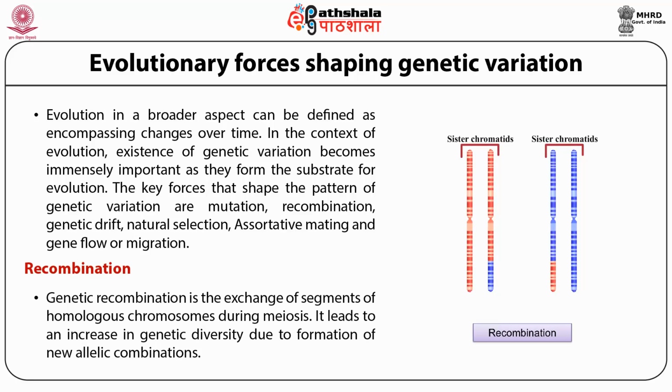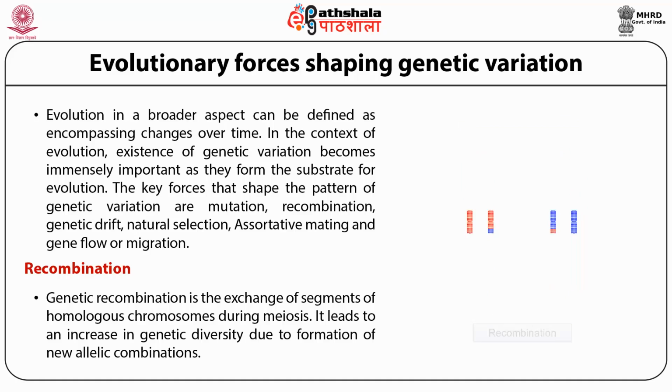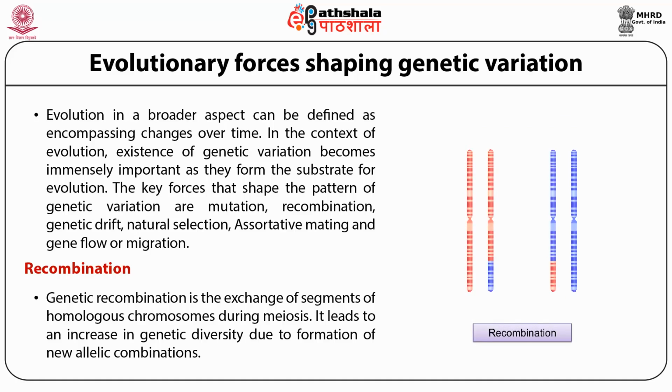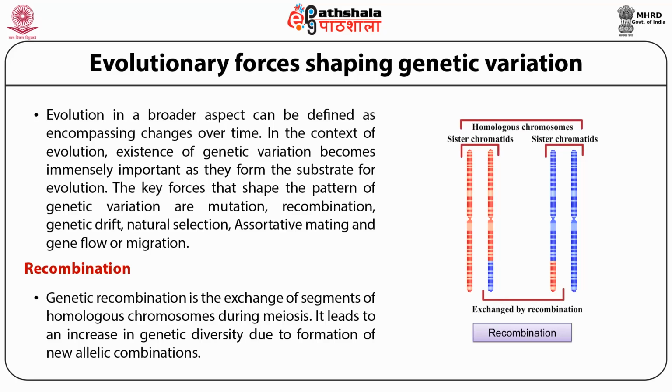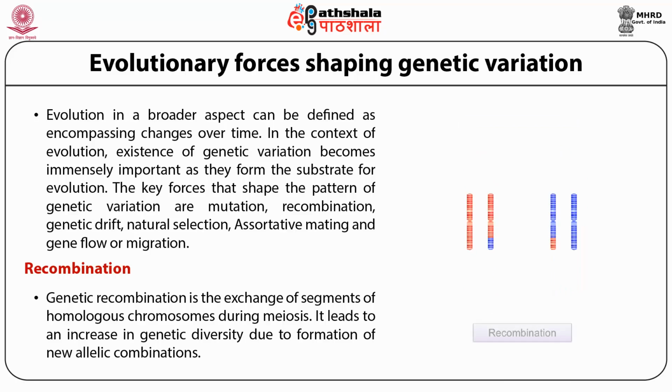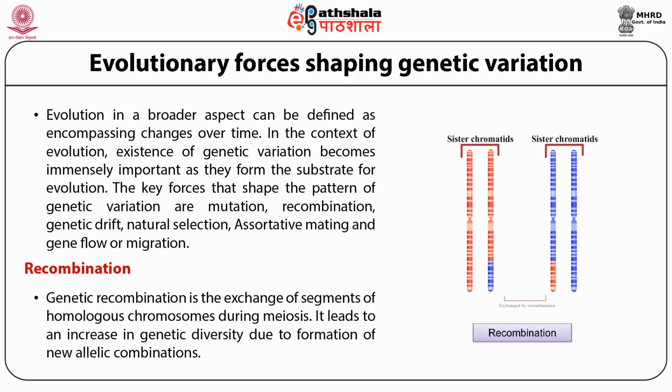Recombination is the exchange of segments of homologous chromosomes during meiosis. It leads to an increase in genetic diversity due to the formation of new allelic combinations. Alleles in closely spaced loci do not undergo random segregation during meiosis as a result of infrequent recombination. This is why evolutionary forces acting on one locus might affect the adjoining loci.